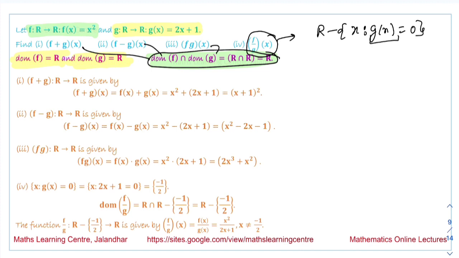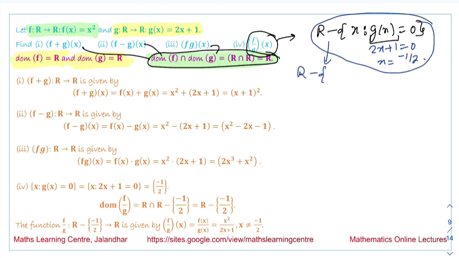What is the value of g of x? We have 2x plus 1 equal to 0, so x is equal to minus 1 by 2. So this set will become R minus {minus 1 by 2}. So the domain of the function f by g will be R minus {minus 1 by 2}, to R.